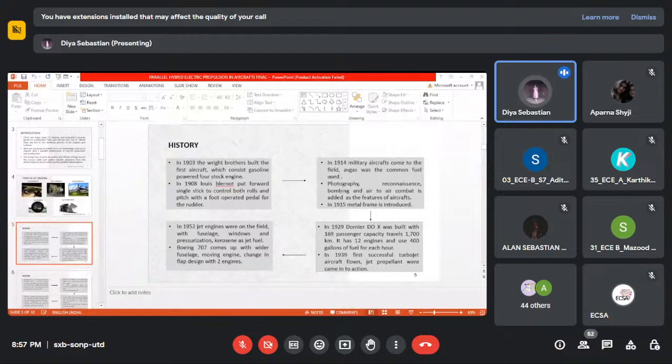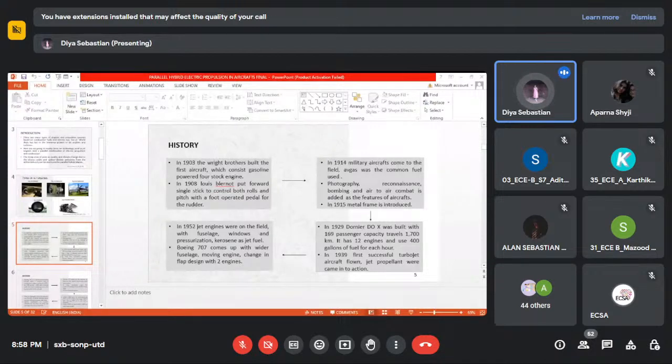During the First World War, the bombing of aircraft was a problem they faced, so the metal frame was introduced in these aircraft, in the middle of the war.